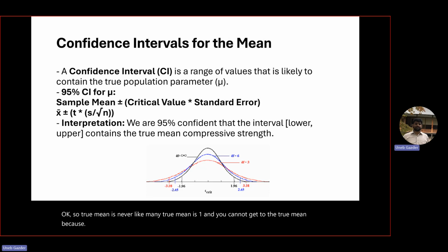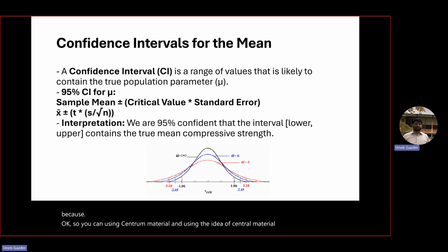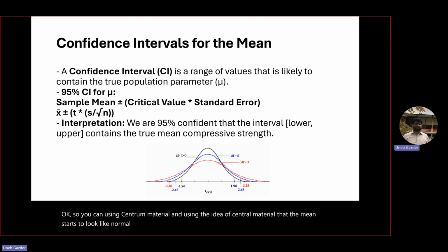Using the idea of the central limit theorem, that the mean starts to look like a normal distribution, we can apply it to calculate the 95% confidence level of the mean. It is the mean of the sample plus or minus this.